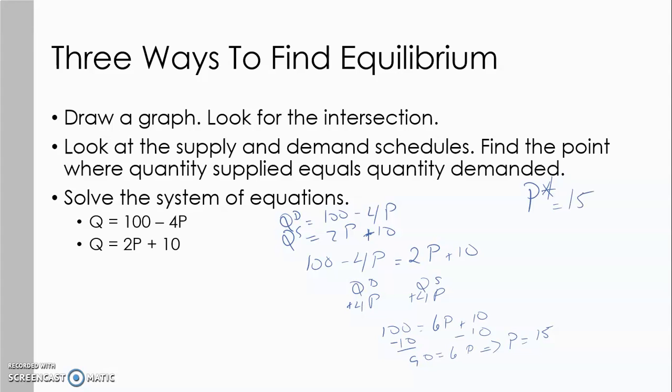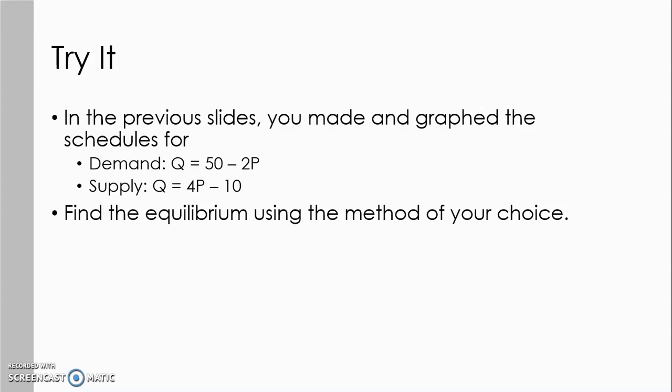Then go ahead and plug that price into either equation. 2 times 15 is 30, plus 10, that's 40. So we know our equilibrium quantity is 40. That's the same number. Yay! You'd get the same number even if you plugged it into the demand equation. By the way, we did in an earlier version.